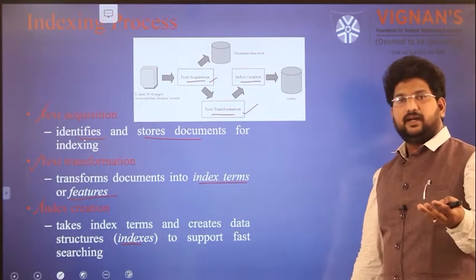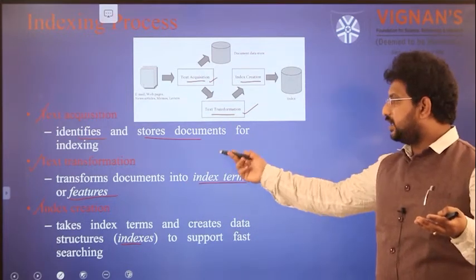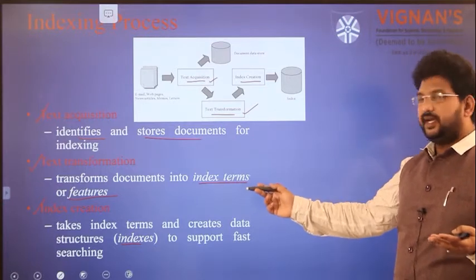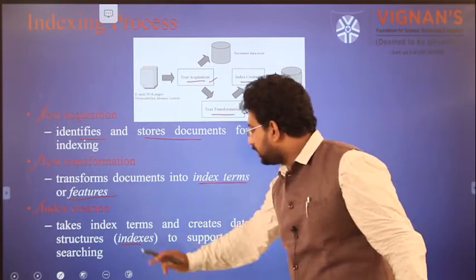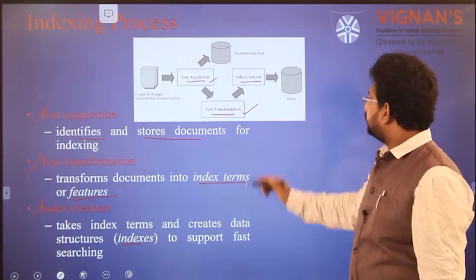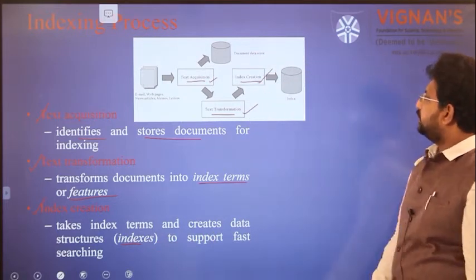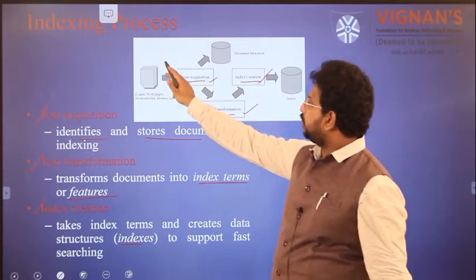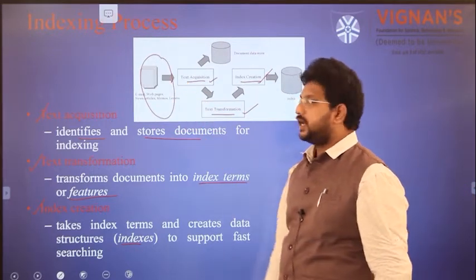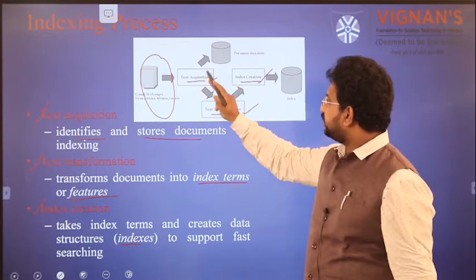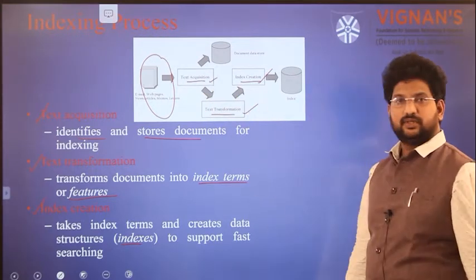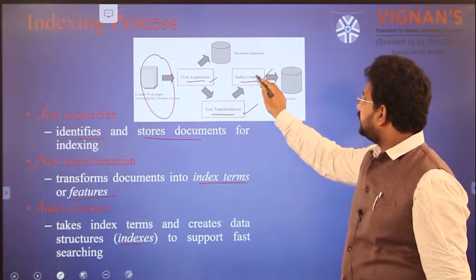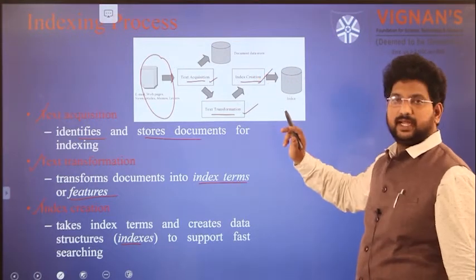It takes the input from the text transformation phase and creates the data structures, which we can call the indexes, used for fast searching. So among all the documents one can search, they are identified in the text acquisition phase, transformed into index terms or features, and finally the index is constructed.